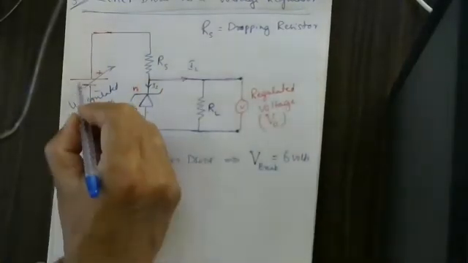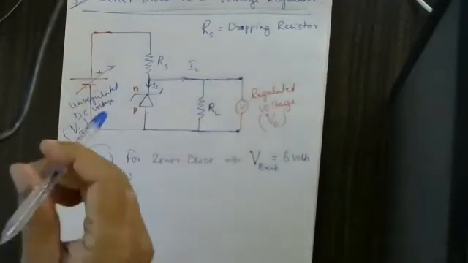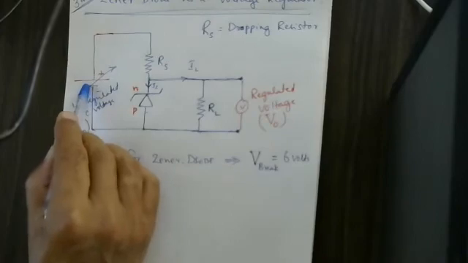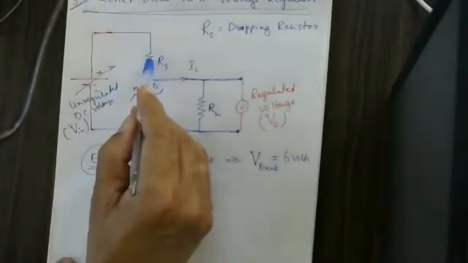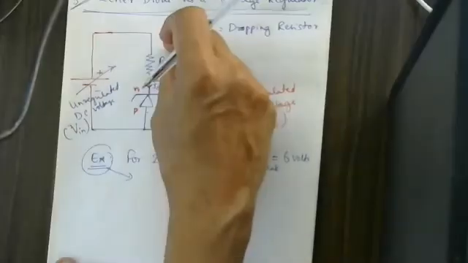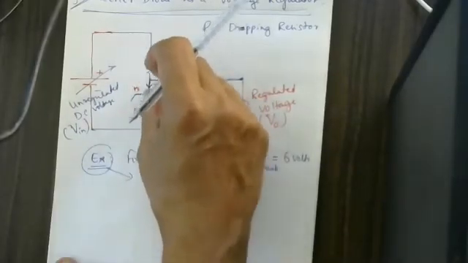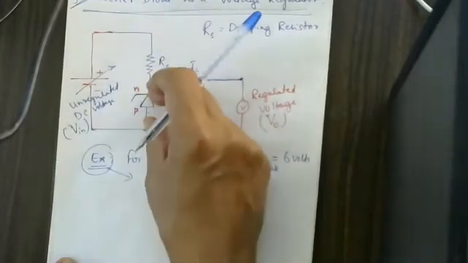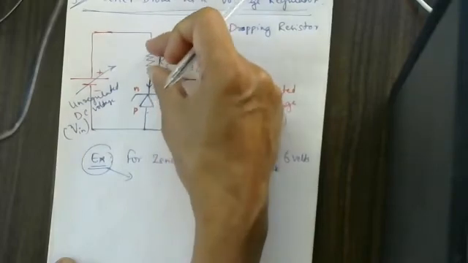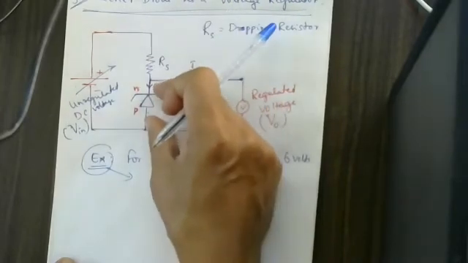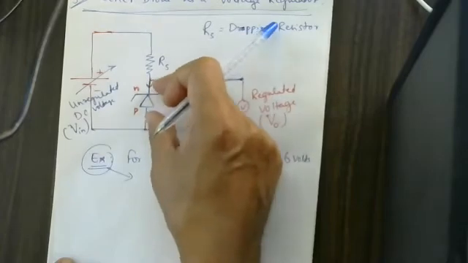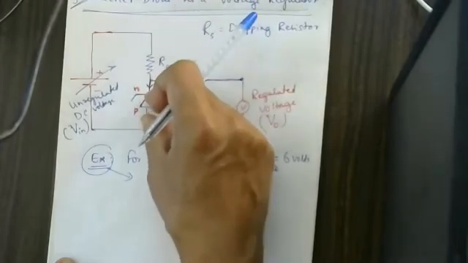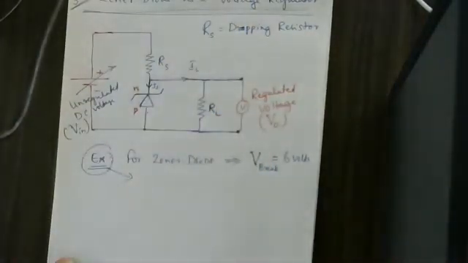For example, whatever unregulated voltage supply we apply here is divided between RS and the Zener diode. The voltage across RS and the voltage across VZ, if you add these two voltages, will equal the applied voltage.